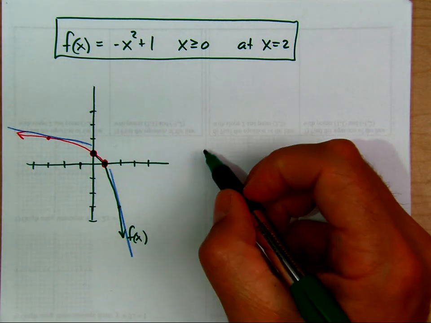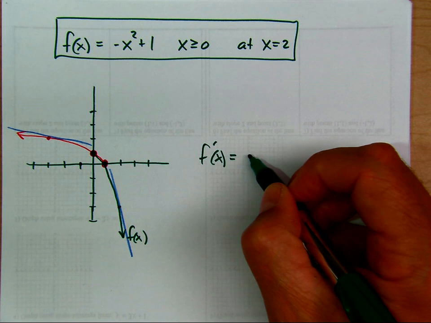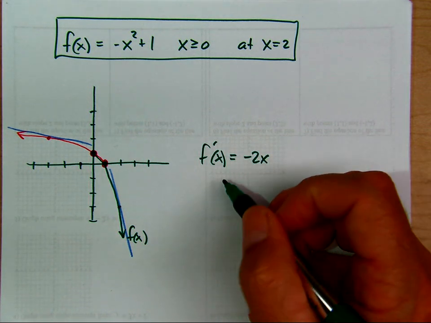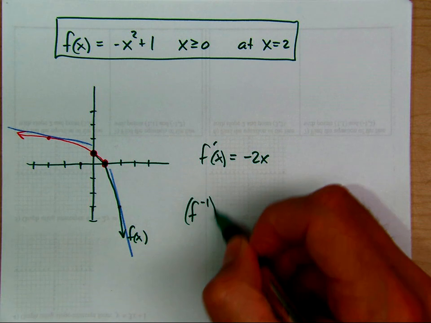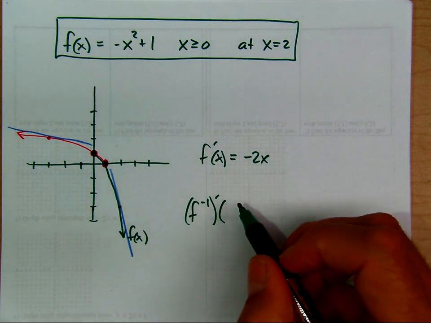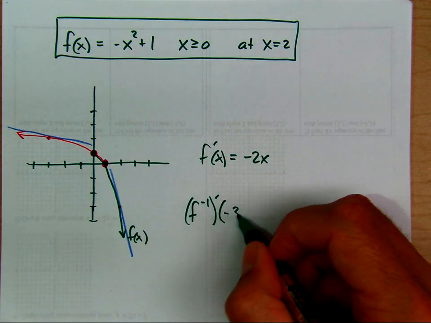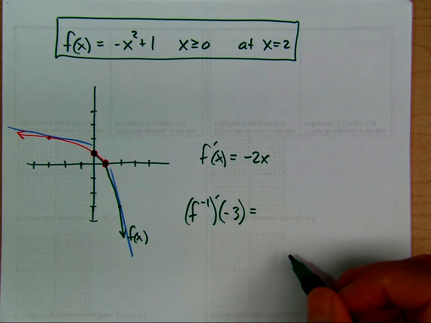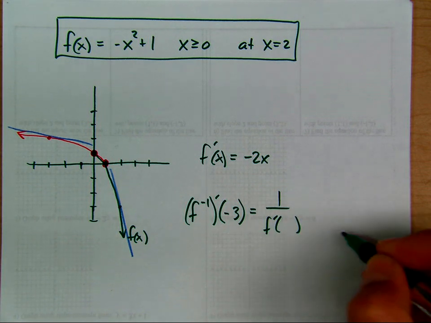And if we find the derivative of f, negative 2x, we want the derivative of the inverse at negative 3. 1 over f prime of 2.